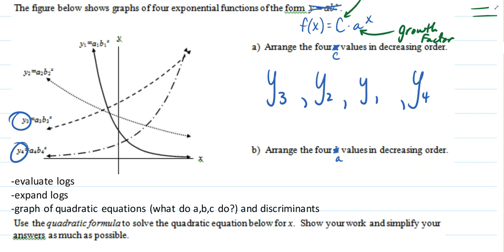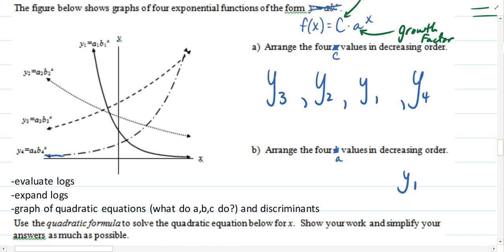As far as our a values go in decreasing order, again, we start with the largest a value, a being our growth factor. Now, y1 appears to have the steepest line, especially over here at the initial position, but that's not the largest a value. That's not the largest growth factor. In fact, that's the smallest growth factor because this is the most rapid decay. So I'm going to say that y1 has the smallest a value.